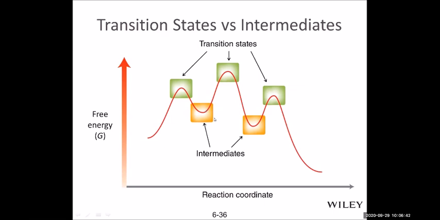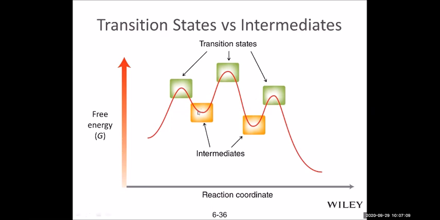It moves on to become a second intermediate. The transition state is between the two intermediates. This is the second transition state. Finally, the last step: the second reaction intermediate goes to the third transition state and becomes the finally more stable product. So that's the difference between the transition state and the intermediates.